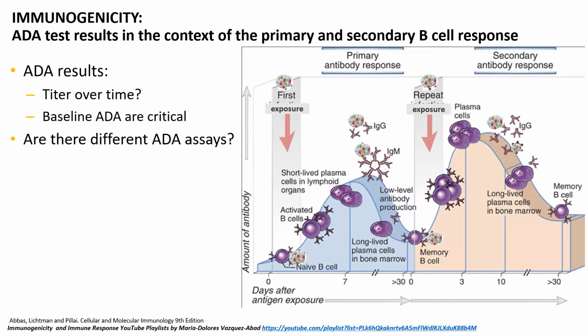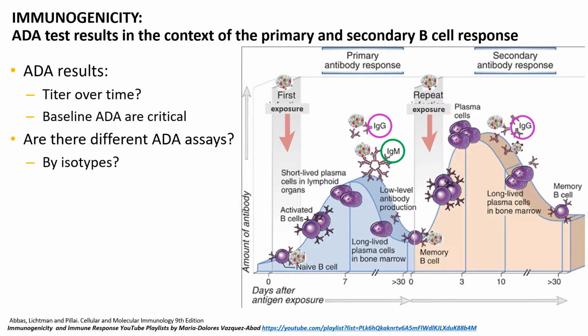Well, the most simple response I can give you as an example, you could have an assay that's giving you IgM and IgG separately. So if you are looking at antidrug antibodies that are the IgM type and there's 0 IgG type, you might be able to assume this is a primary response, so there might not be a memory response.